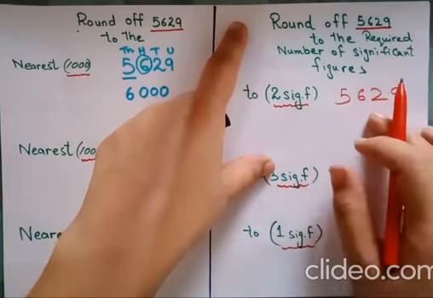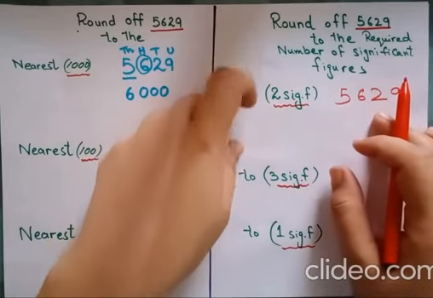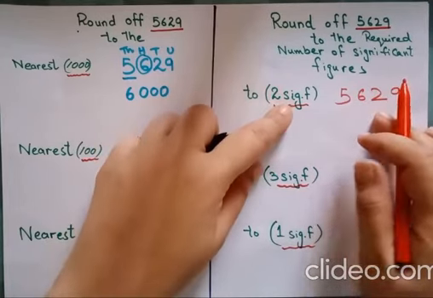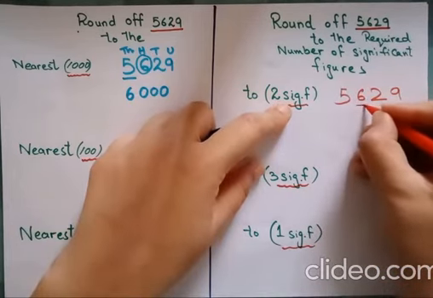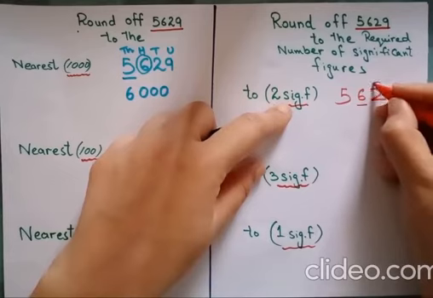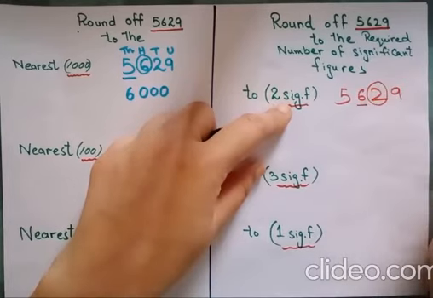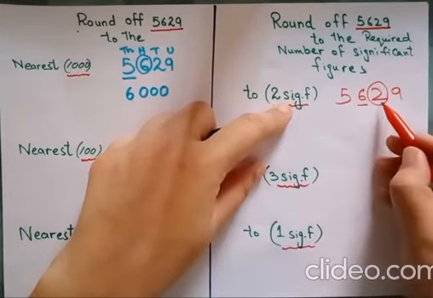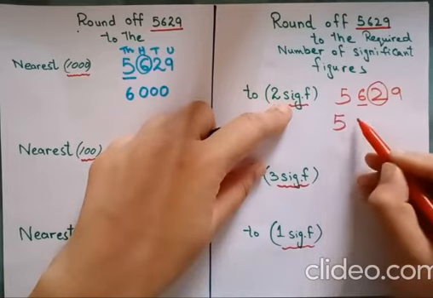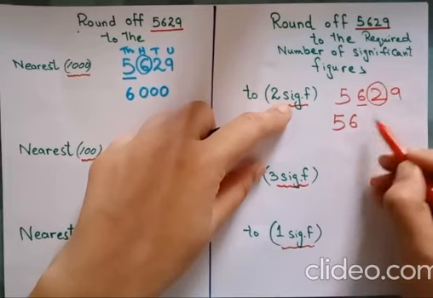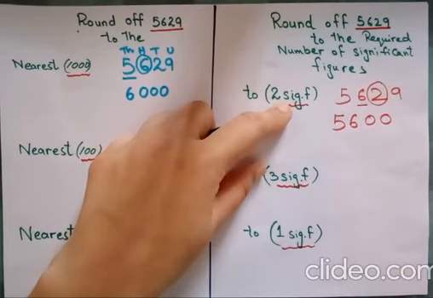It has 4 significant figures in it, and first of all we have to round it to 2 significant. So this is first and this is second. I have to round it here. I will underline this digit and encircle this one. As this is less than 5, there is no need to add anything to it. It will become 5, 6 and the remaining 2 numbers will become 0 0.